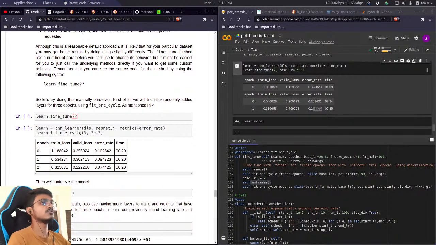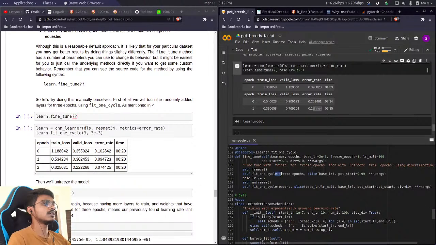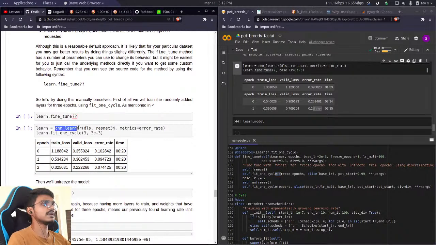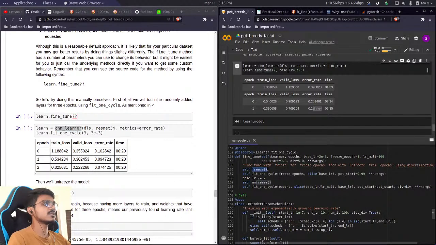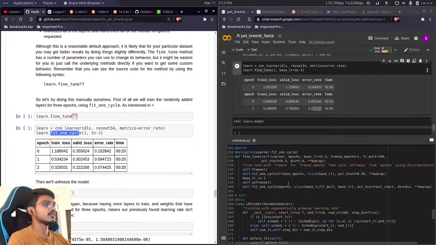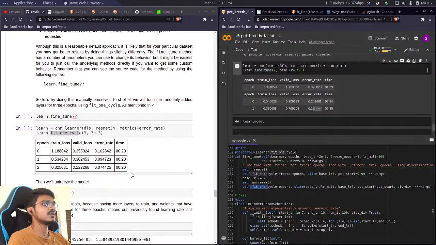So when we call fit one cycle, it only trains the randomly added layers. Does it mean that the CNN learner already freezes the previous layers? Because if we call fit one cycle directly, then doesn't it train all the layers?